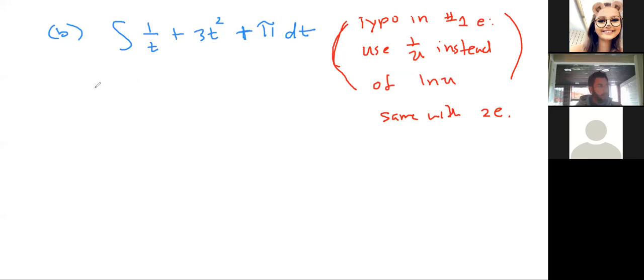Okay, so if I integrate this, I know that this is the log. I just have a question about that. What's up? For 2e, I looked up some sites on Google, and I found that the integral of log t is t log t minus t. Yes, it's correct, but we don't learn that until next semester.